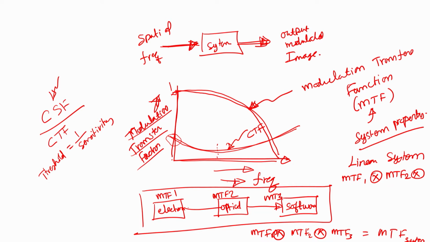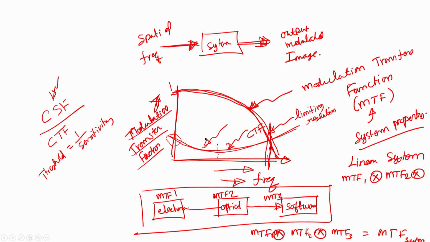Now, the frequency at which this MTF and the CTF join could be valuable information. This could be called the limiting resolution. This limiting resolution is dictated by this perceptual graph.